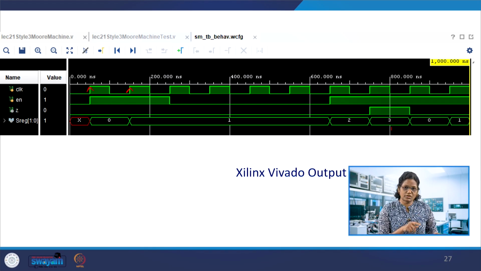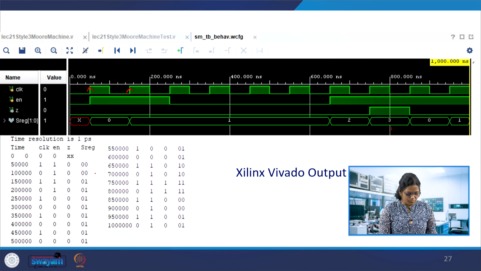In the first example we took the case statement for output logic, and in the second we took the if-else statement for the output logic, put inside the always block of the next state logic. So this is style 3, combining them. The states can be seen over here as well, 1 0 1 1, and then it moves to 0 0 0 1.